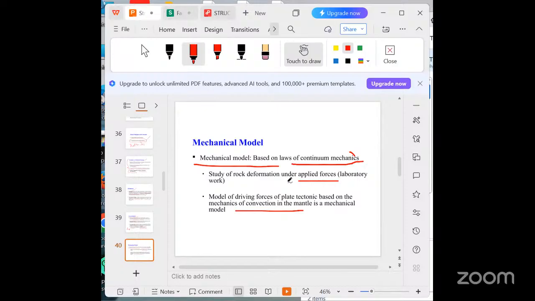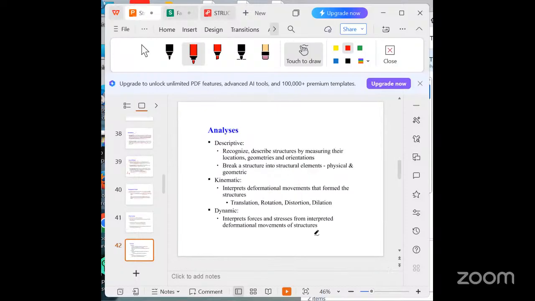That is a mechanical model. Now, what is the analysis of these models? Descriptive means recognize and describe structures by measuring their locations, geometries and orientations, and break a structure into structural elements, physical and geometric.